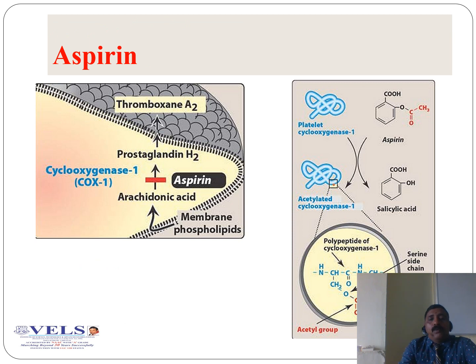Aspirin. What is the mechanism here? You see this figure. It acetylates and inhibits the enzymes COX-1 and TX synthetase. It inactivates them irreversibly, because platelets are exposed to aspirin in the portal circulation before it is deacetylated during first pass in the liver, and platelets cannot synthesize fresh enzyme as they do not have nuclei.